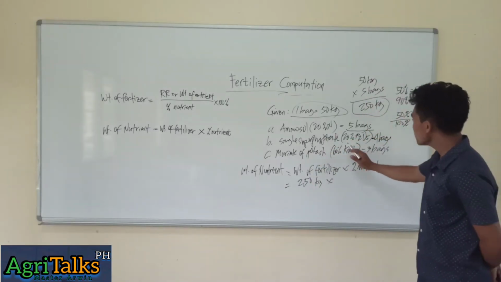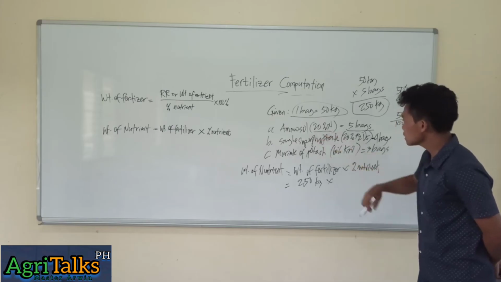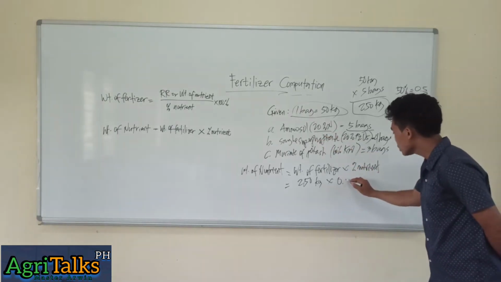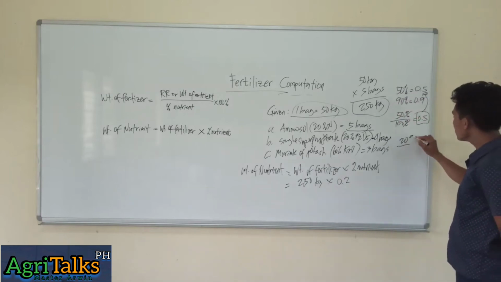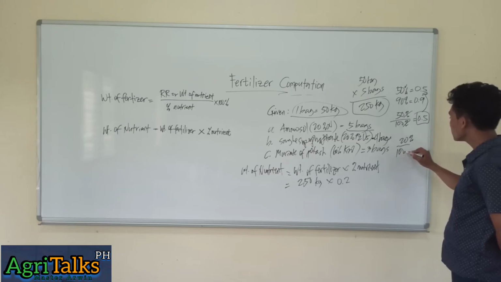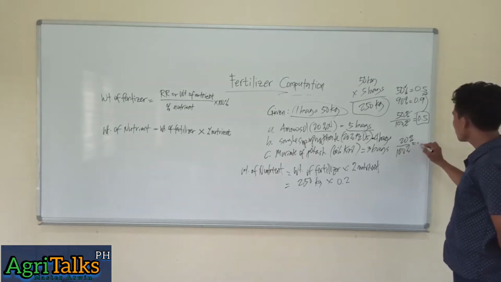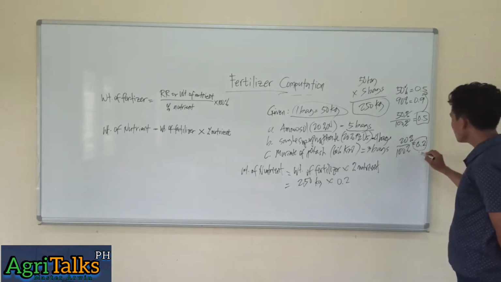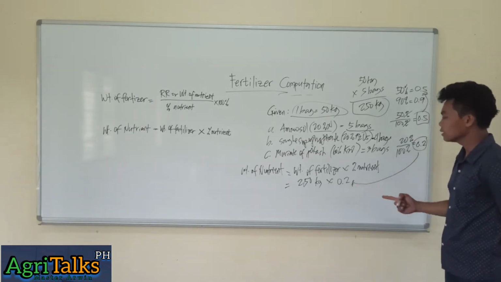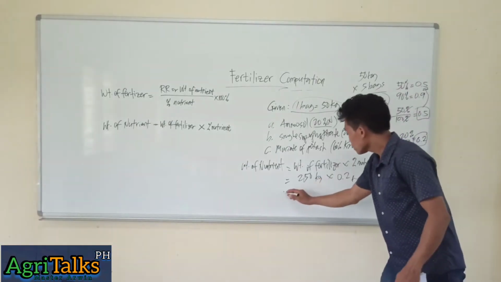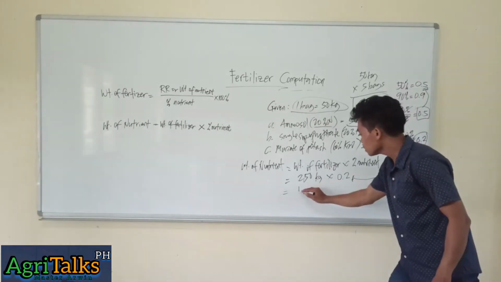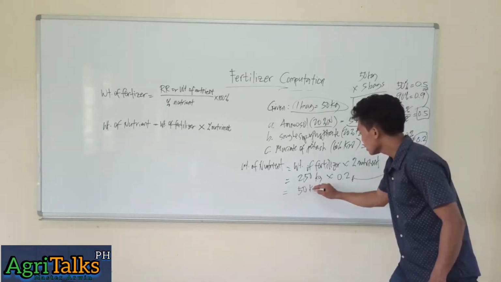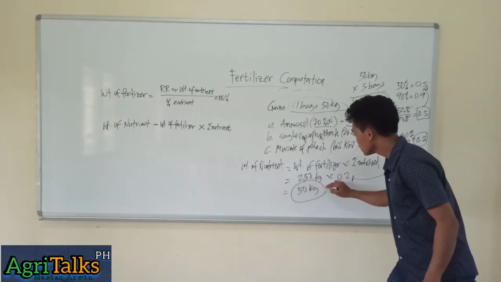So, instead of 20%, we will use 0.2, since 20% divided by 100% is 0.2. So, we will use this decimal. 250 kilograms times 0.2, that would be 50 kilograms.